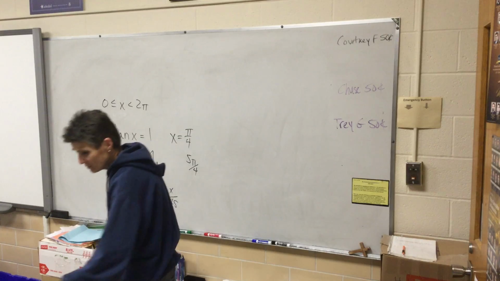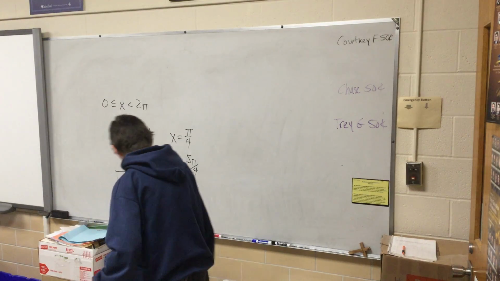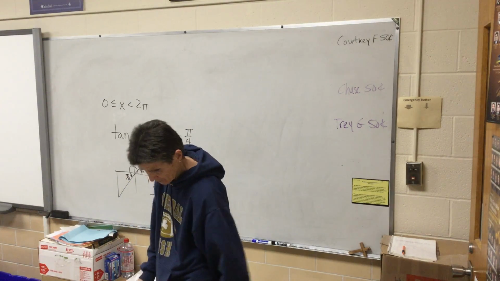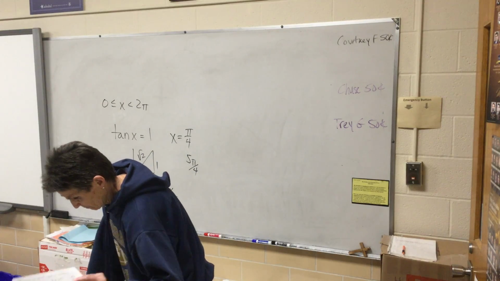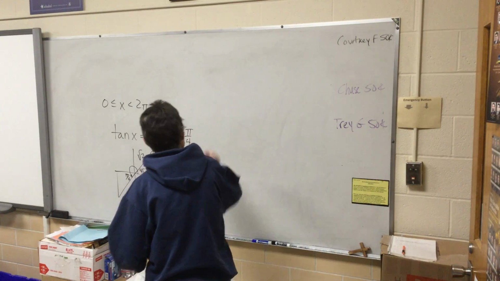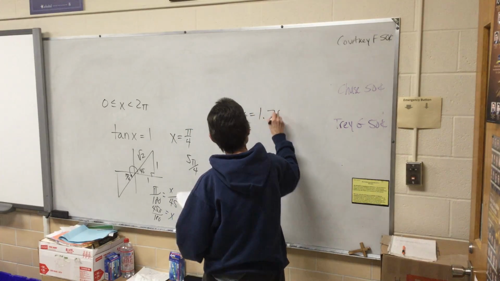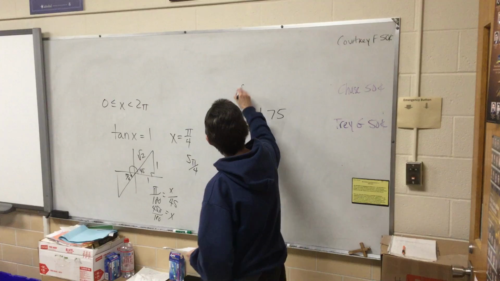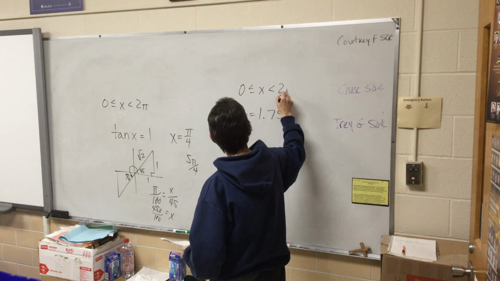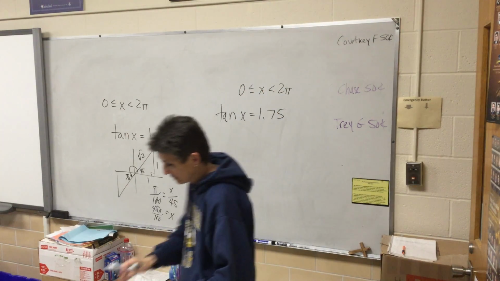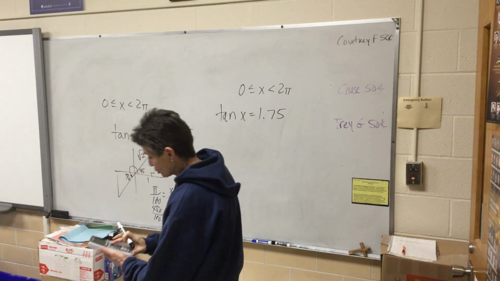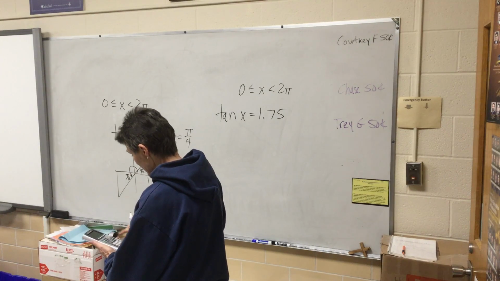Now, we're going to do the same thing on our calculator. Do the exact same kind of problem. It says the tangent of x is 1.75, and the directions are the same. So we're solving this in radians. So first thing I'm going to do is make sure my calculator is in radian mode.